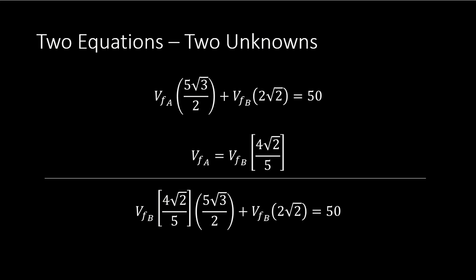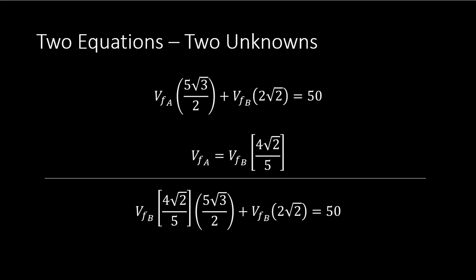Well, to solve for one of our unknowns, we can just replace into one equation what we determined one of those unknowns to be with respect to the other. So if we know what the final velocity of A equals with respect to the final velocity of B, in our first equation let's just change the final velocity of A to the final velocity of B times 4 square root of 2 over 5.